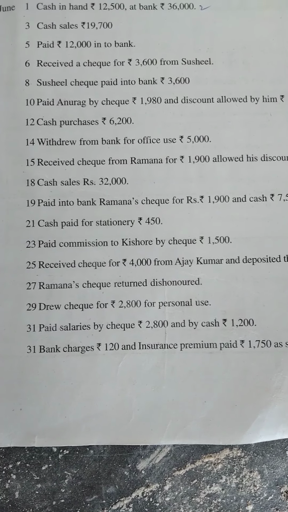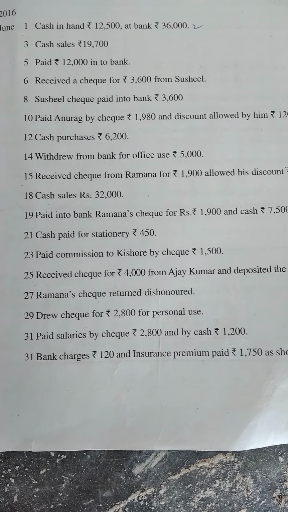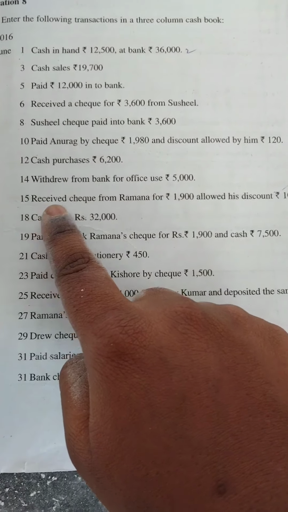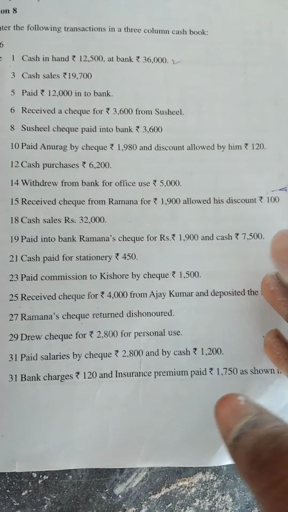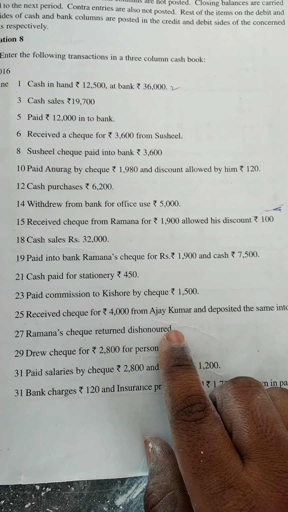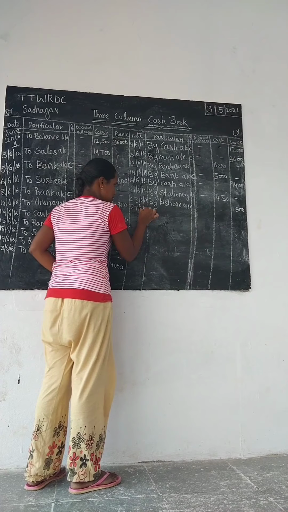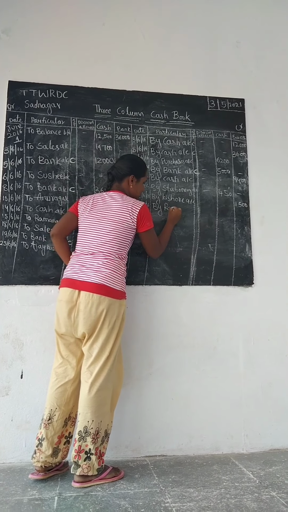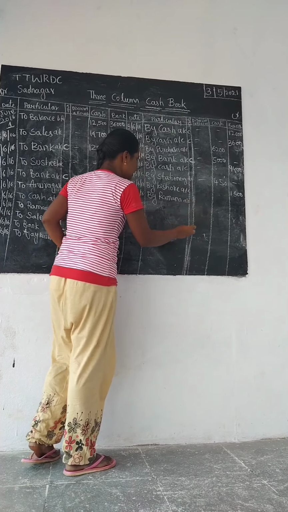On the 27th, Ramana's check returned dishonored. Here the Ramana check on the 15th, which we received from Ramana, is dishonored, it is cancelled. This transaction is on the credit side. On date 27/6/16 by Ramana account.